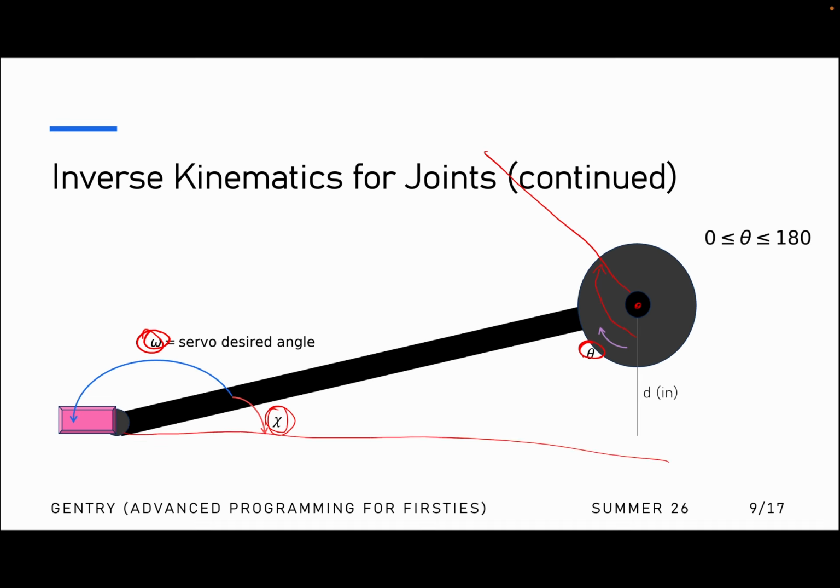If we make a right triangle here, our chi is our other angle from our point. And then we have our omega, which is just going to be our servo angle. So basically, in this case, we're just going to consider that theta should never go past 180. It's normal things that you consider in this case.